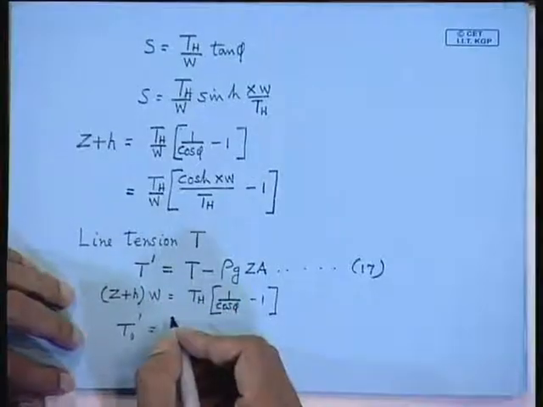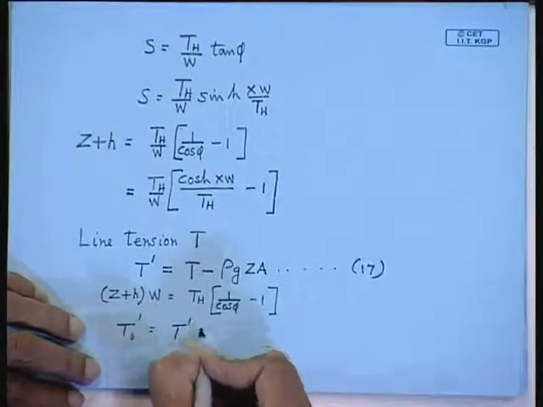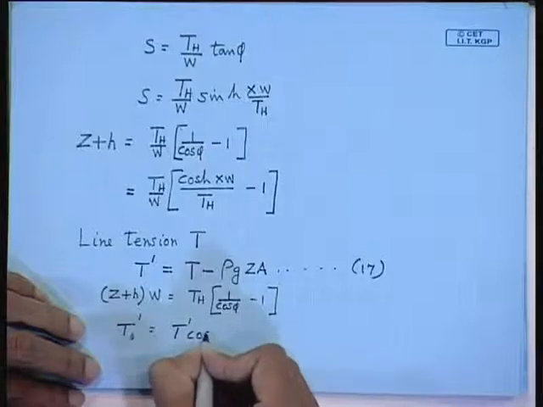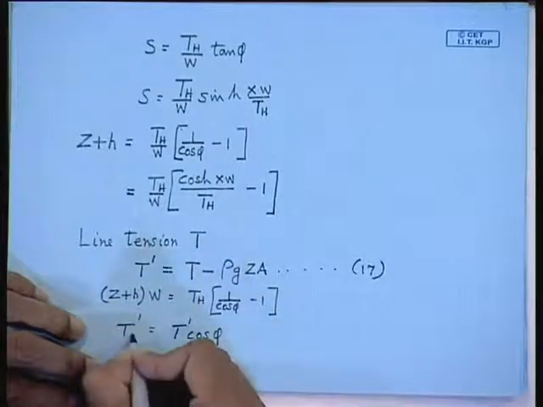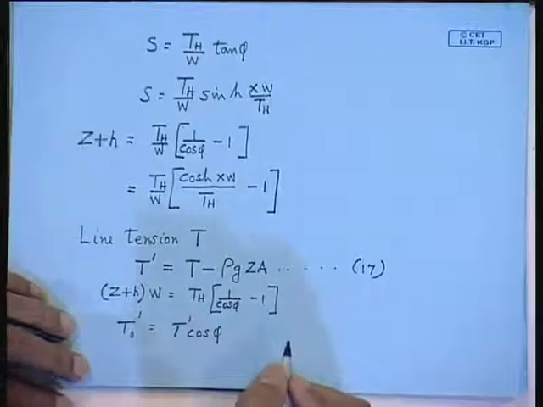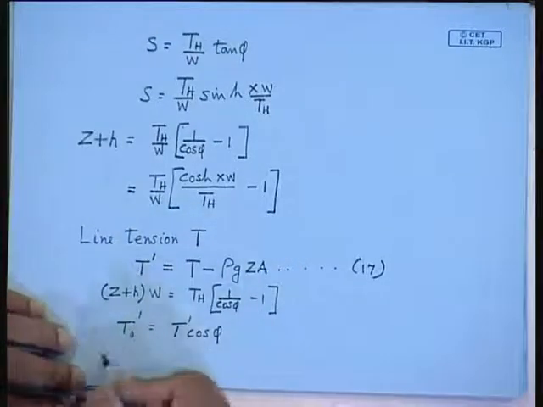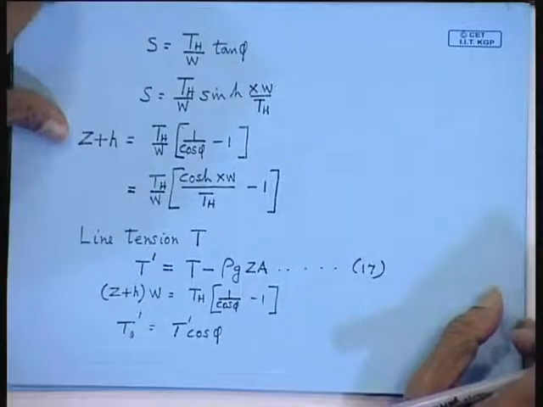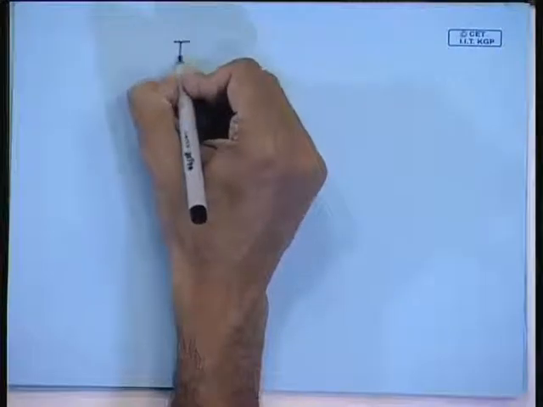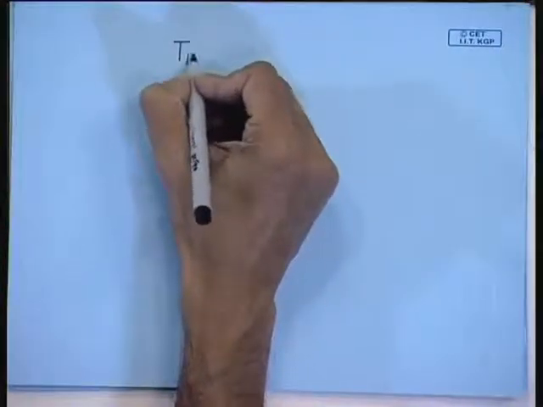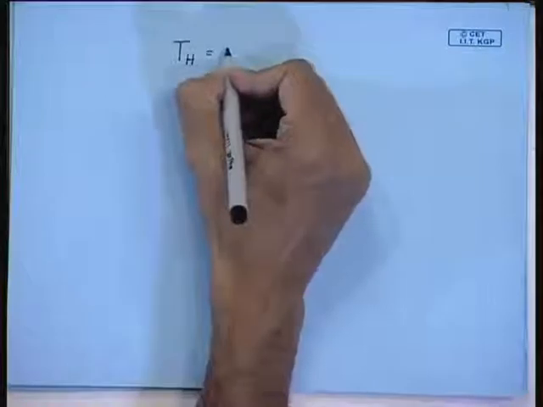So, this is your T prime naught is T prime multiplied by cos phi. Now, what about TH? So, we have said T prime naught equals TH, isn't it? So, therefore, TH is also the same expression. TH is also T prime cos phi.